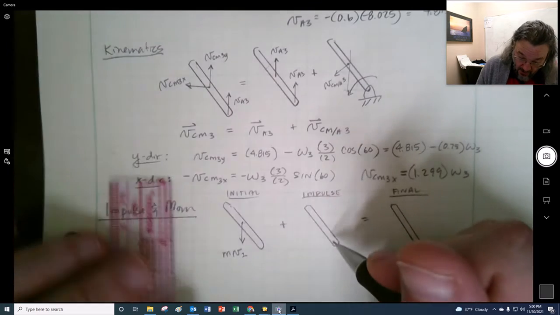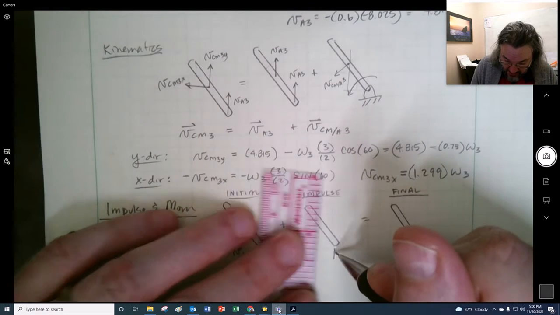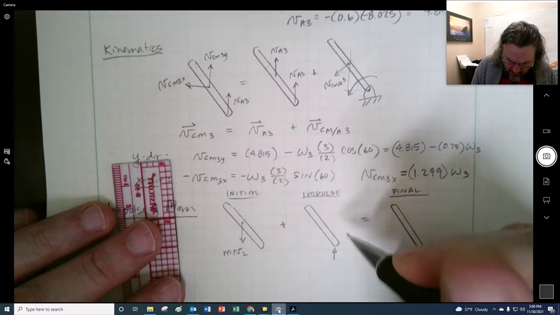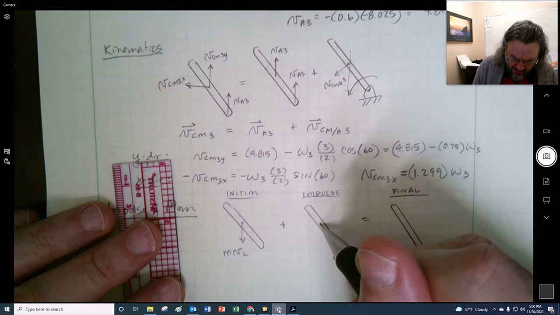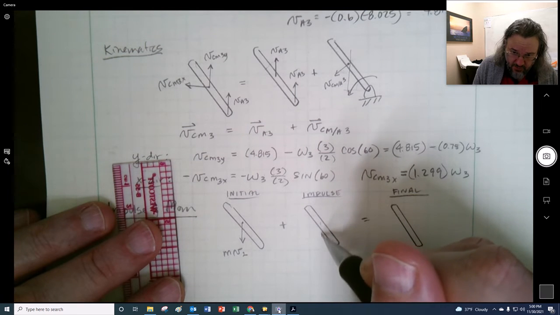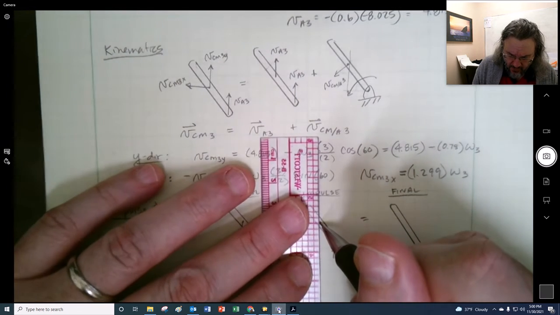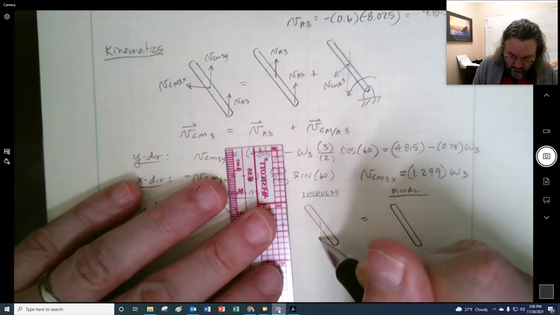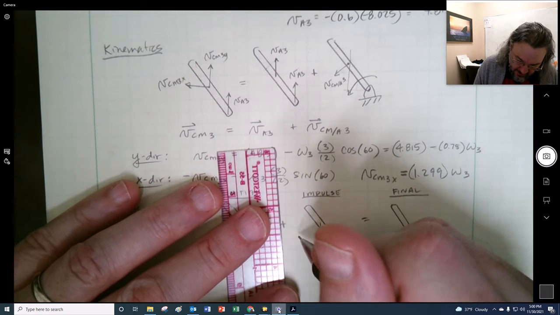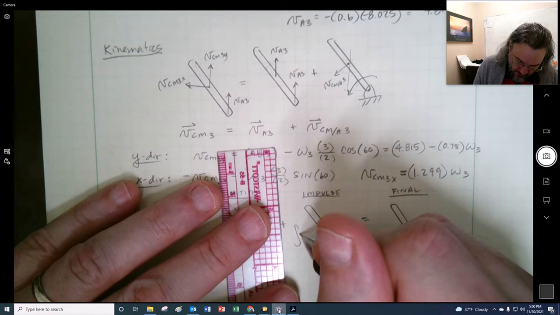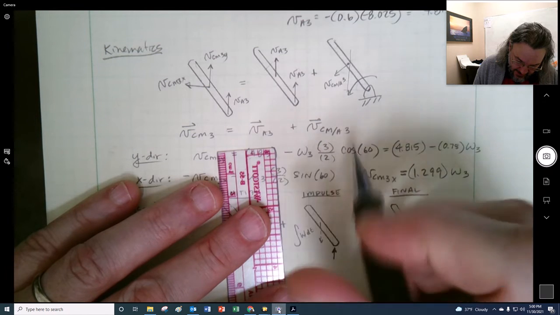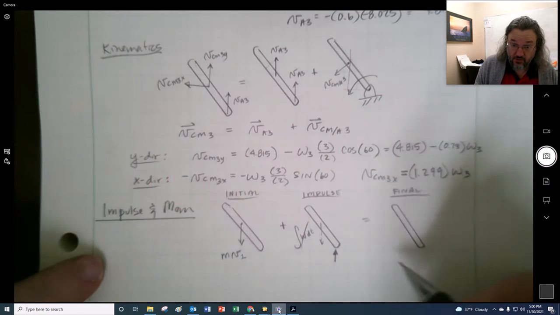Now, the impulse that's happening onto this, wait a minute. Well, we could say that the time is going to be so short that we're going to multiply that by the weight right here. But the integral of the weight dt is very small, so we're going to ignore it.